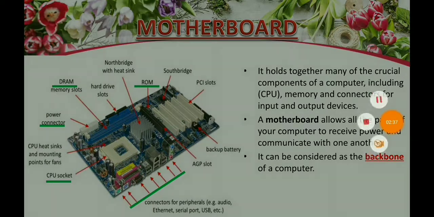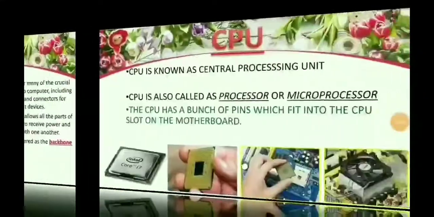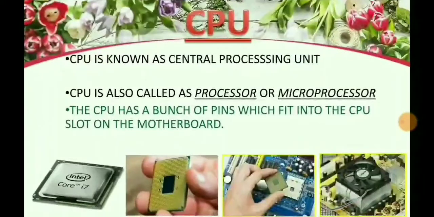Next is CPU, that is central processing unit. This is actually the CPU. You can see in the picture, this is the CPU. This CPU is just like your brain.